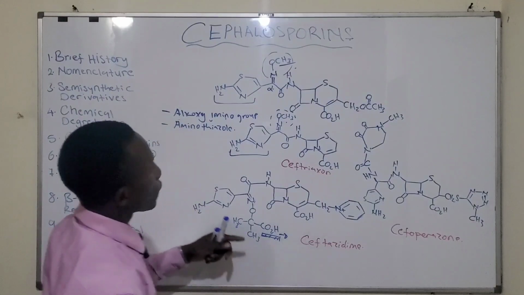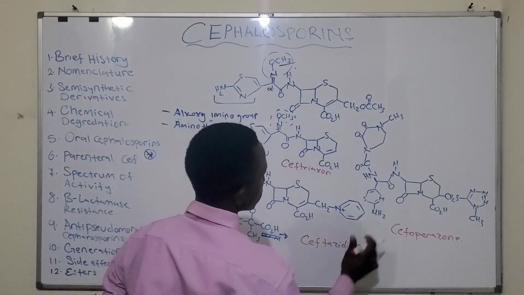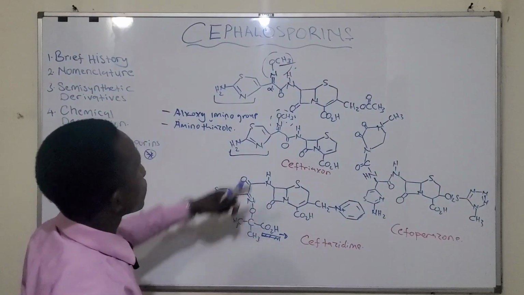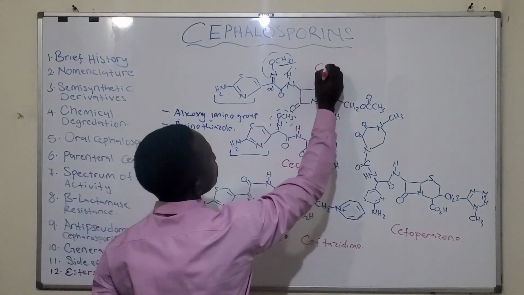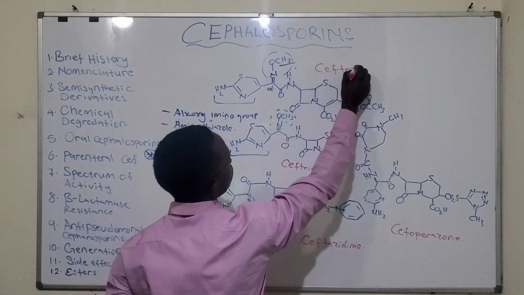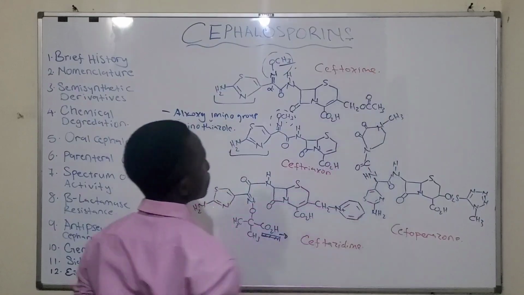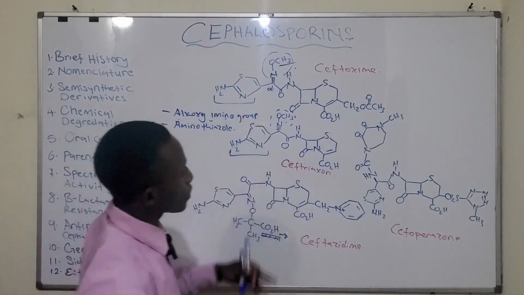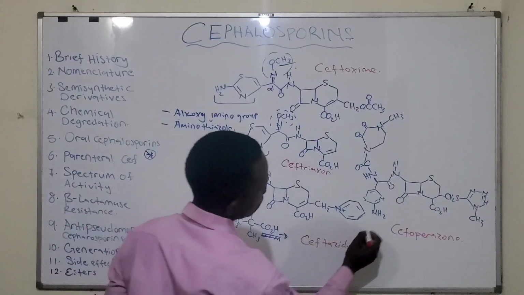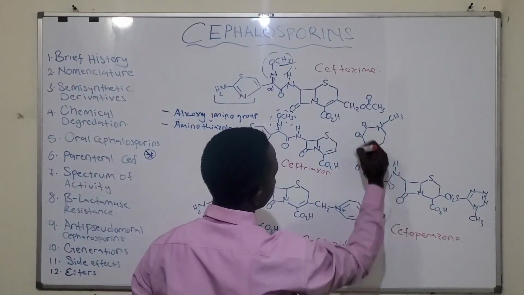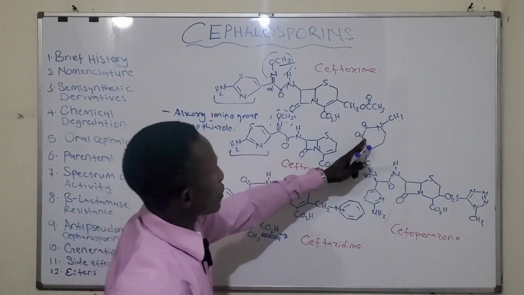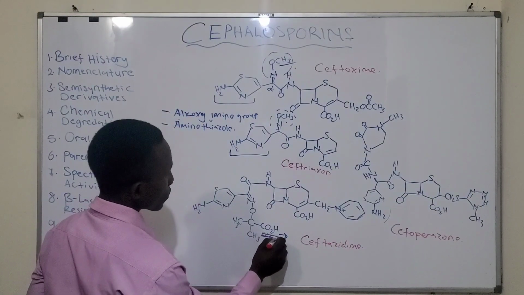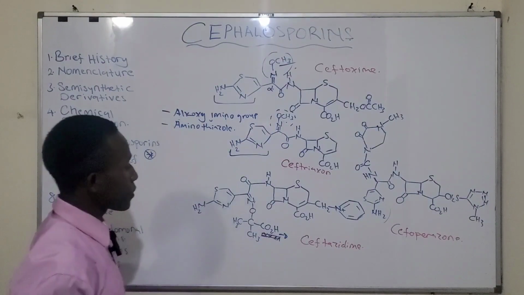Then you find the carboxycephalosporins, they also target Pseudomonas aeruginosa. This one is ceftoxime. So these cephalosporins, they target Pseudomonas. So if you see this and these groups, it is increased by the polar group.